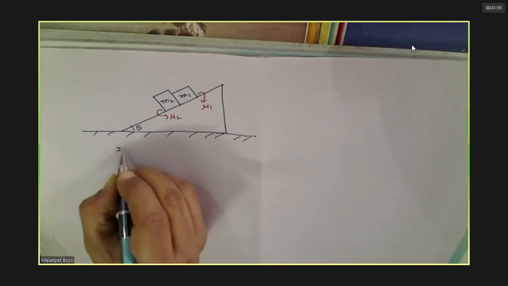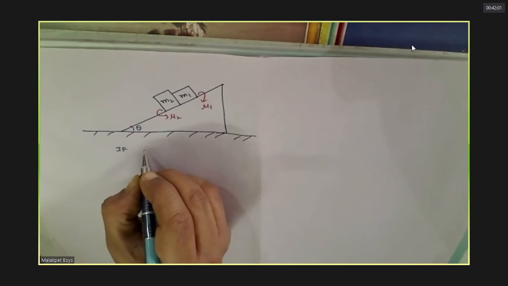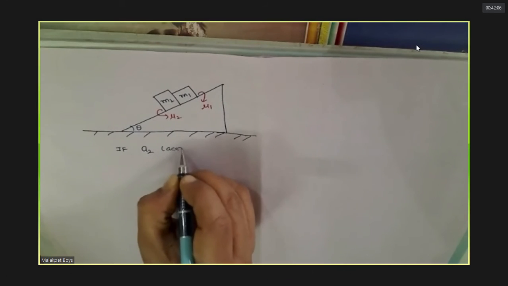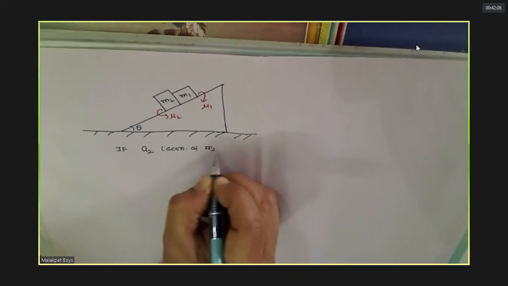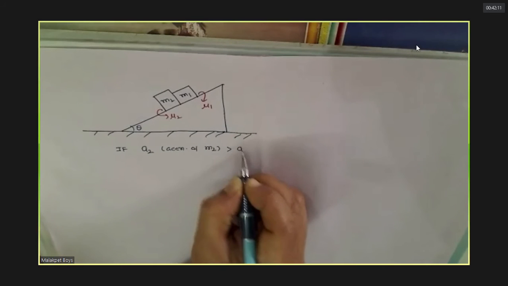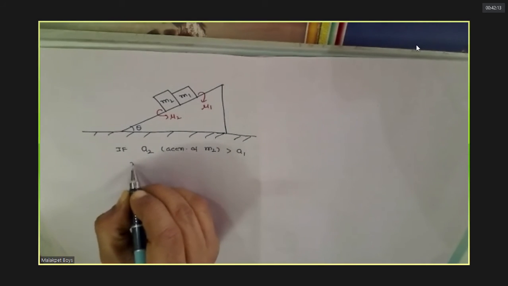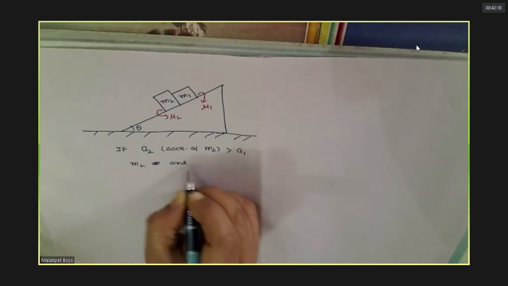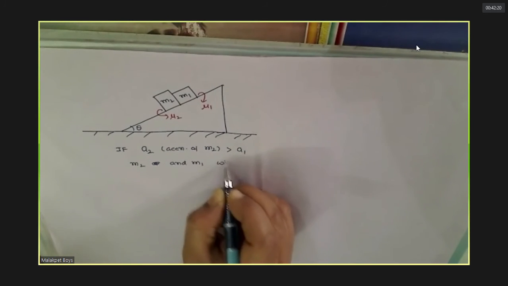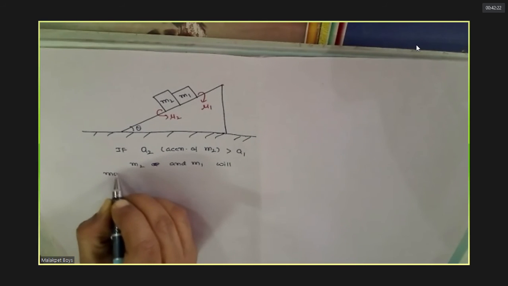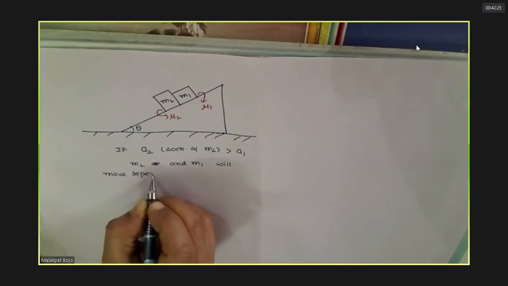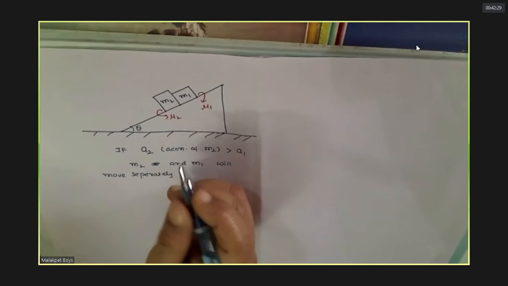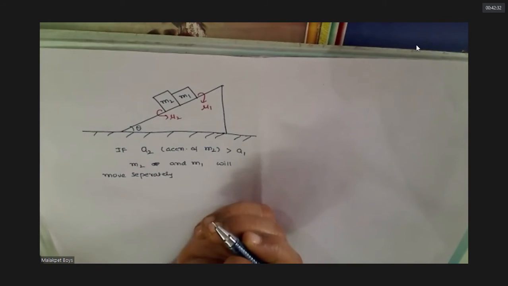If acceleration of this is greater than A1, what will happen? Do you agree the front body will be coming down now? Yes, sir.